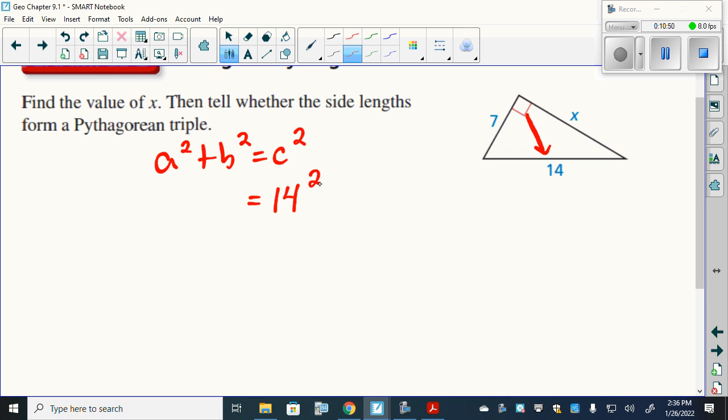And then where would the 7 go? So the sum of the squares of the two side lengths, 7 and x, we square them both and add them together, is equal to the hypotenuse squared.